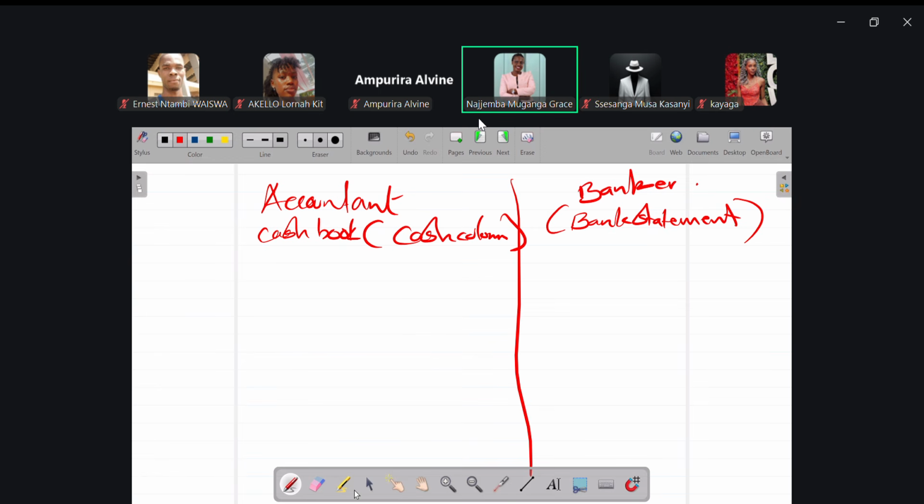I was saying we have the accountant recording transactions in the cash book, focusing on the bank column. Then we have the banker who's recording all this information and will issue a bank statement.